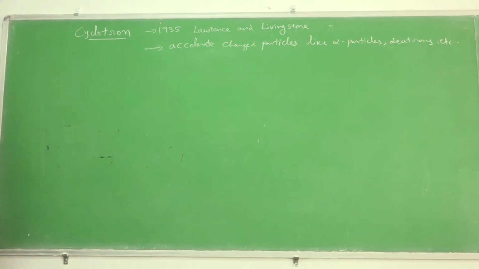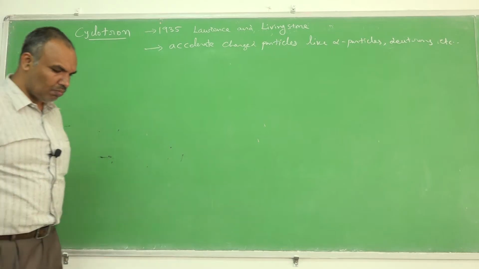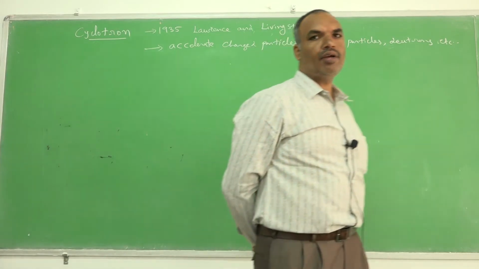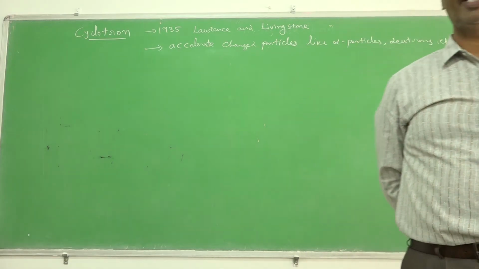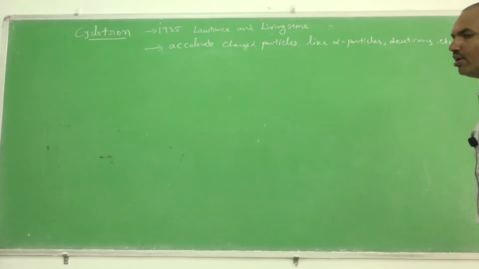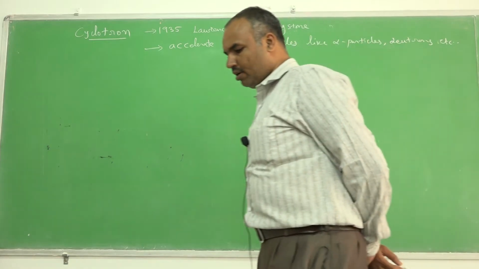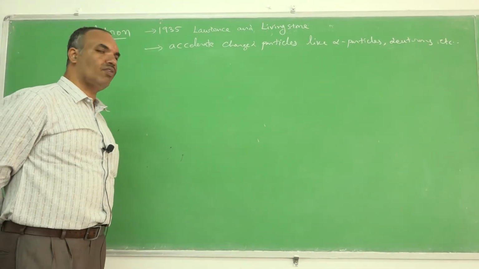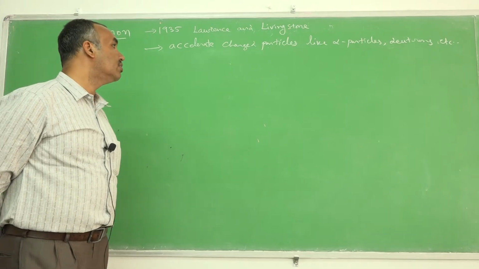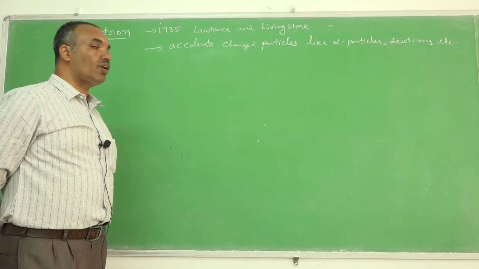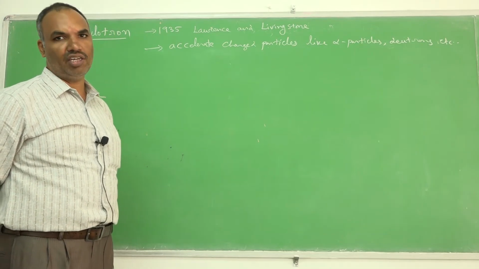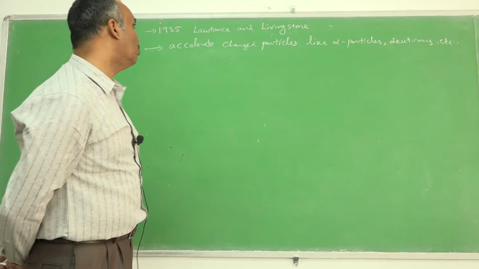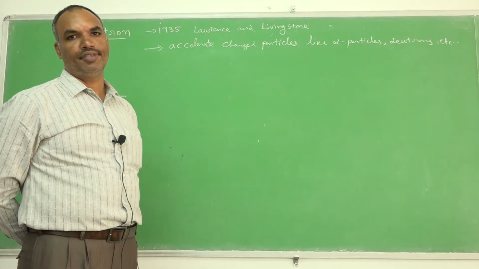This cyclotron works on the principle of motion of a charged particle in a strong magnetic field. Whenever we repeatedly make a charged particle revolve in a circular path, it acquires very high energy and moves so fast.